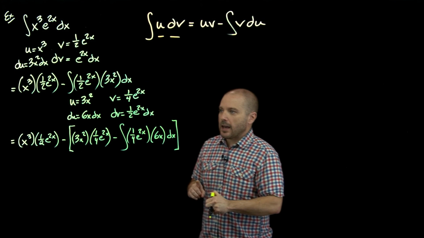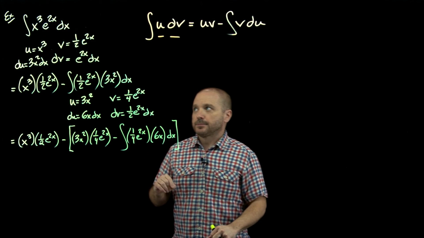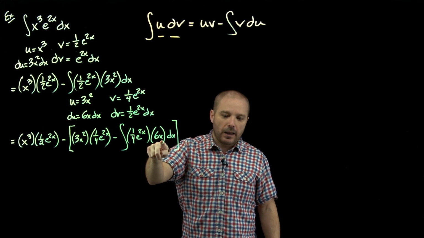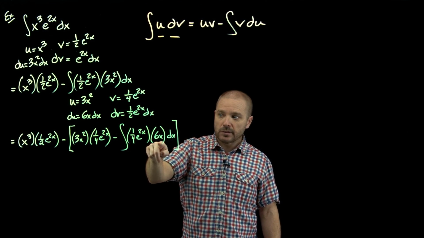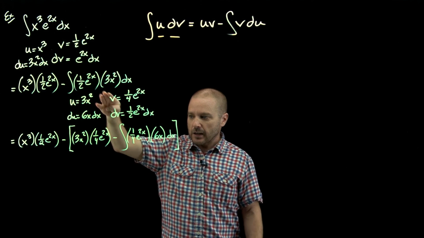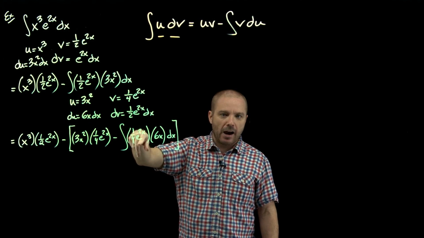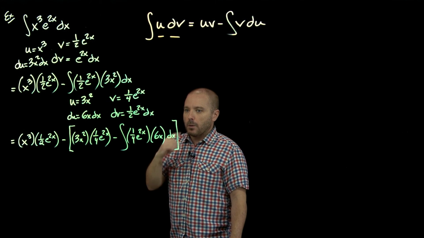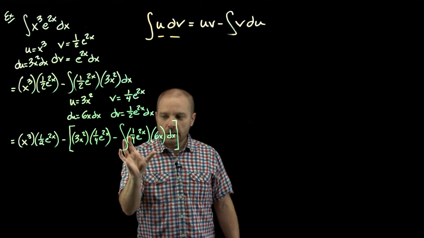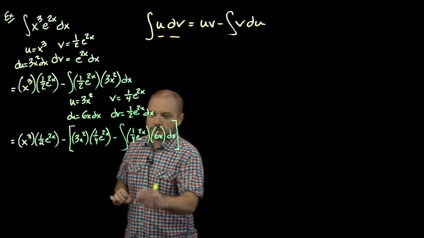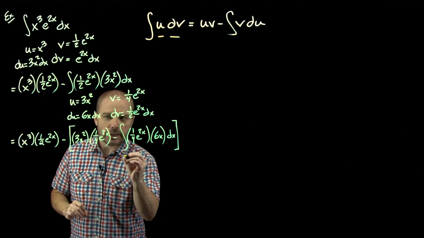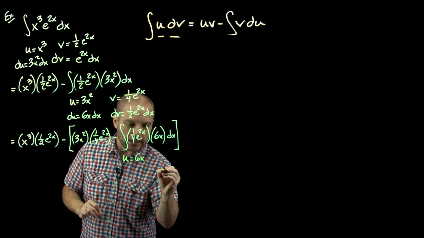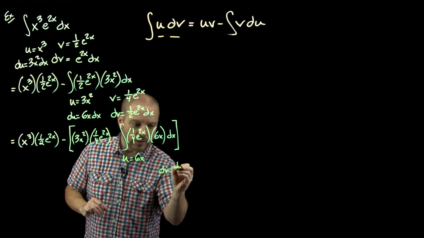So again, notice things have gotten a little better. We started with a cubic, we knocked it down to a quadratic, and now we're down to a first-degree polynomial. The exponential is just kind of coming along for the ride. It's picking up a half every time we integrate. So let's go one more time here. So again, it makes sense for the polynomial to be u and the exponential to be the dv.